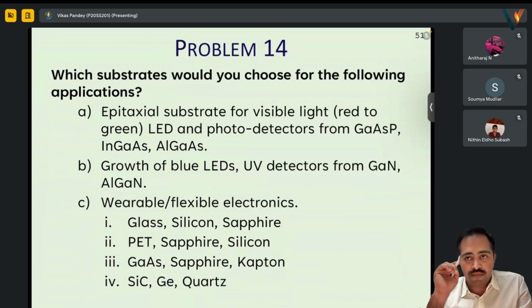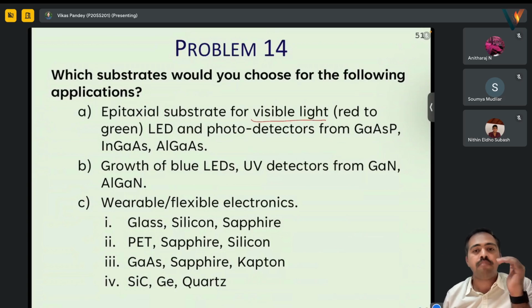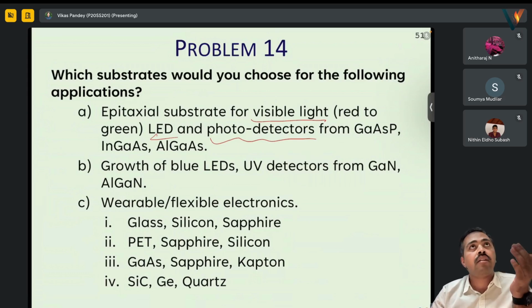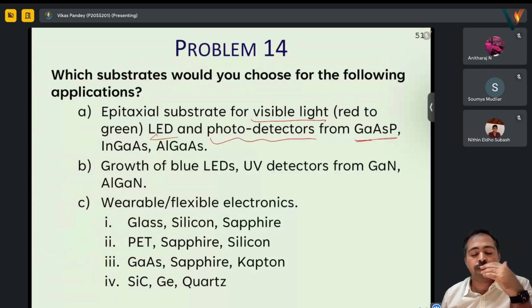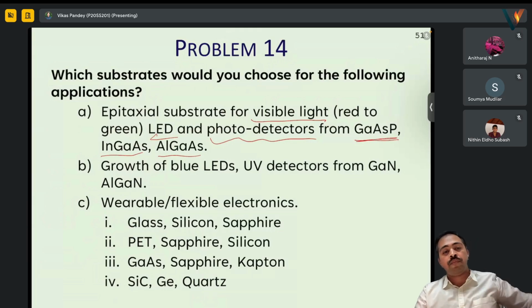So a substrate that we want for visible light LED and photodetector, that means to detect different wavelengths, from these materials.